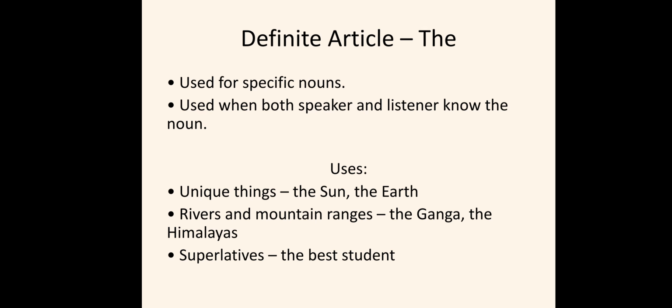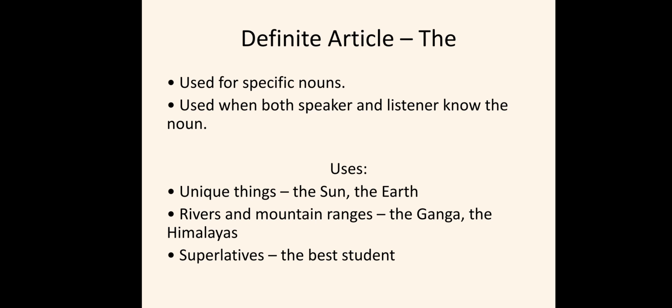We also use the before rivers and mountain ranges: the Ganga, the Himalaya, the Yamuna. And we also use the before some very famous books like the Ramayana, the Mahabharat, the Bible, the Quran. For the superlative degree, we again use the before that word: the best friend, the best student, likewise.